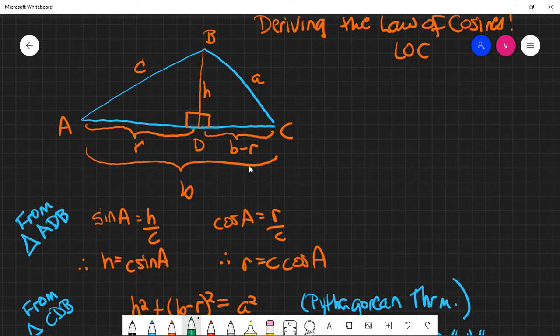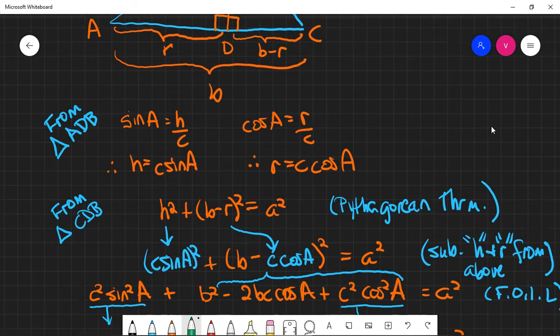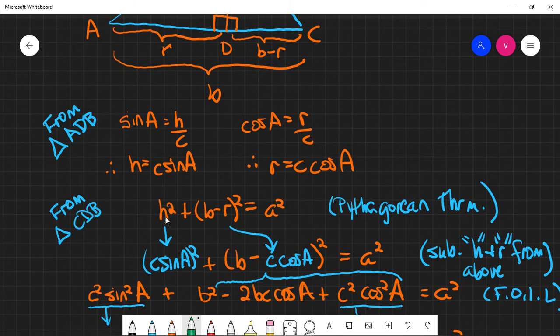Now we're going to look at this other right triangle on the right-hand side, and we're going to apply the Pythagorean theorem to it. So it's leg squared plus leg squared equals hypotenuse squared, or h squared plus (b minus r) squared equals a squared.